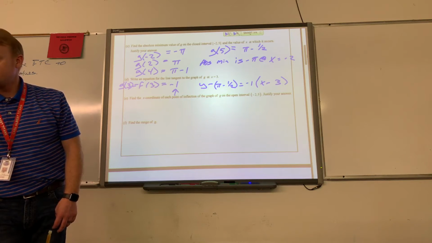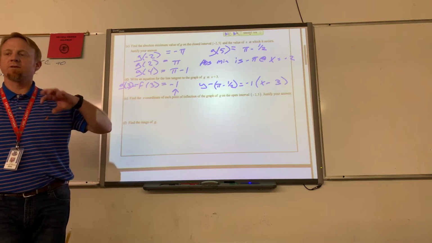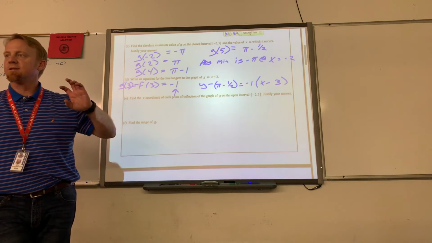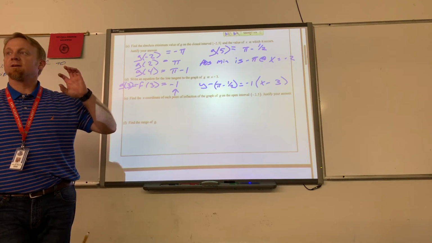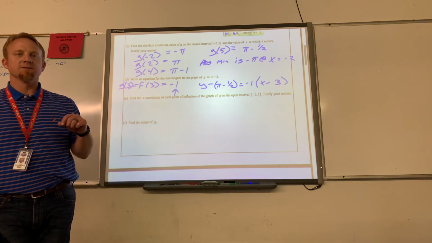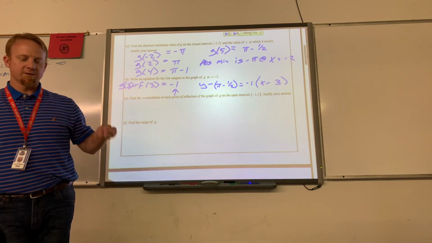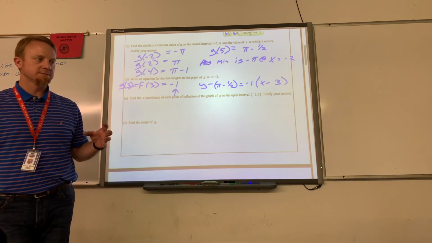Very nice. Remember, your points of inflection, if you're looking at the derivative graph, are always going to be your maximums and minimums of your derivative. What do I have at 0? Maximum. What do I have at 3? A minimum. That's why they're my points of inflection. Got it?